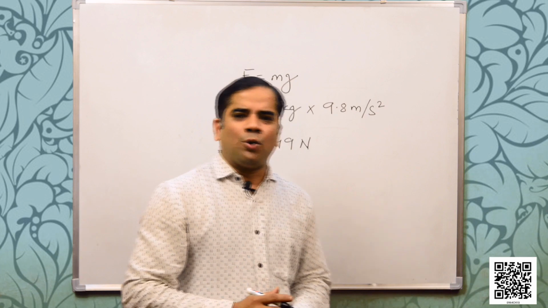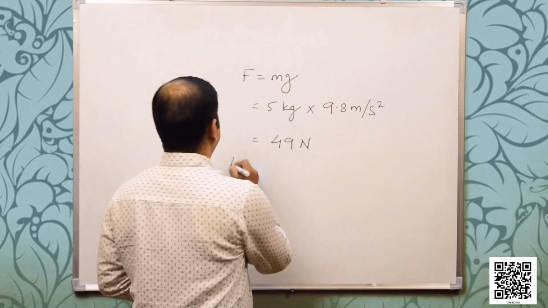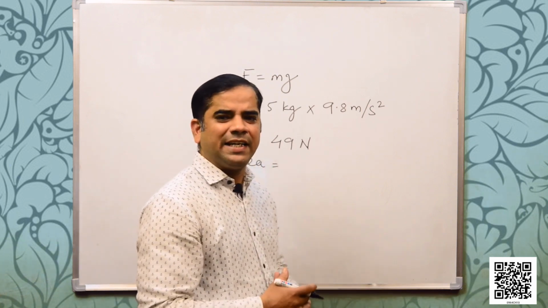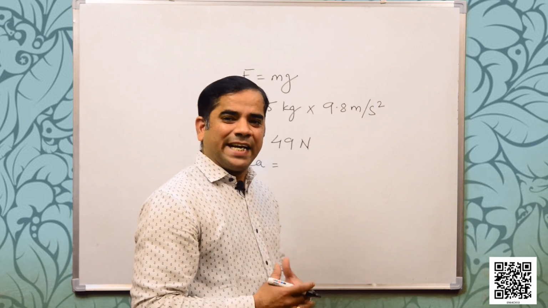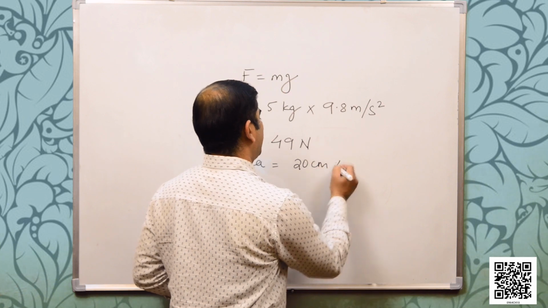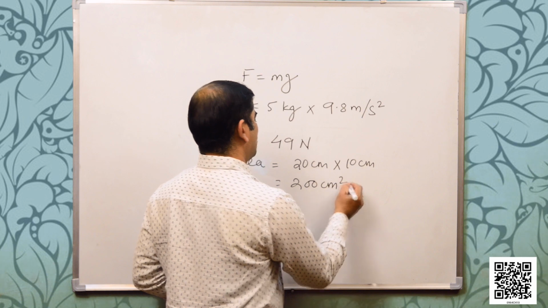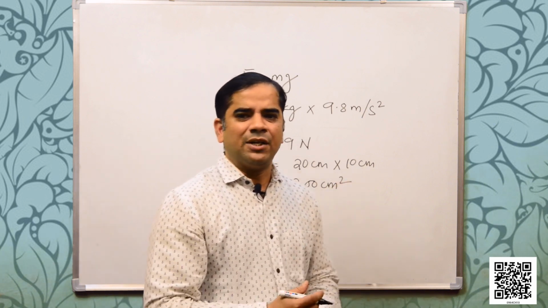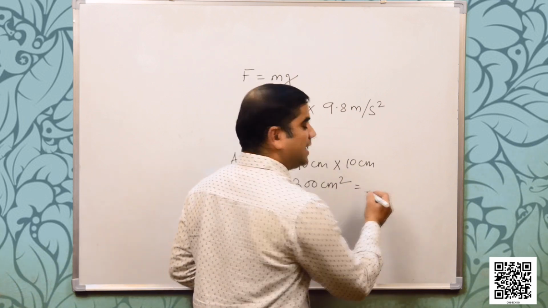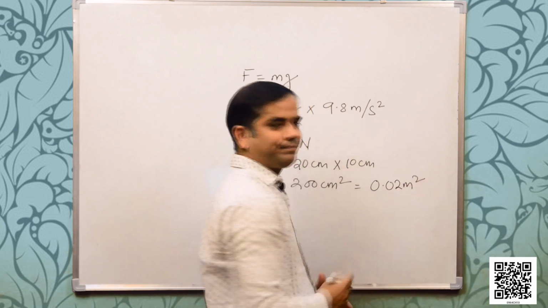Okay. So, area of a side, that is length into breadth. In the first case it is 20 centimeter and 10 centimeter. So, area is equal to 20 centimeter into 10 centimeter, that is 200 centimeter square. When we convert it into its SI unit, it will give us 0.02 meter square.